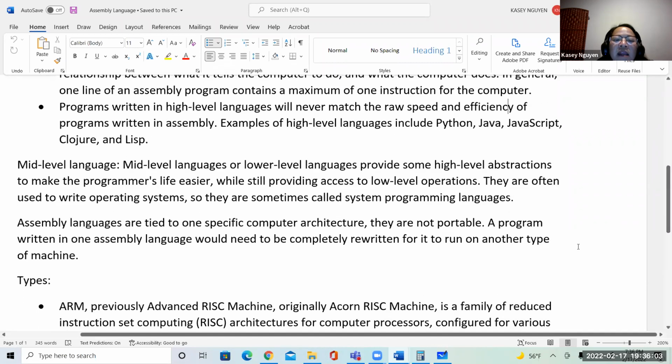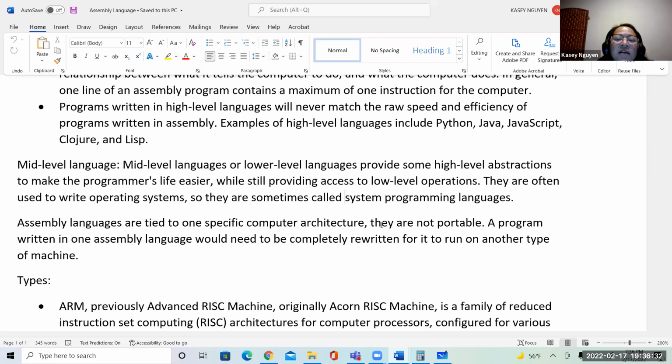Now, the mid-level or low-level languages have some abstraction, which is a little bit easier. This is used to write OSs. You often see that the components of OSs can be applied to the higher language, and most developers today use the higher programming language to build the components in the OS.